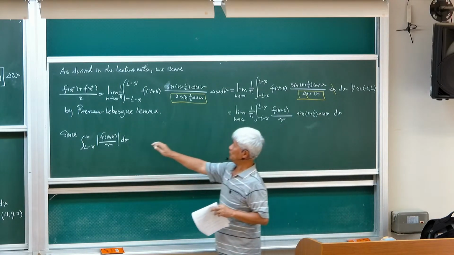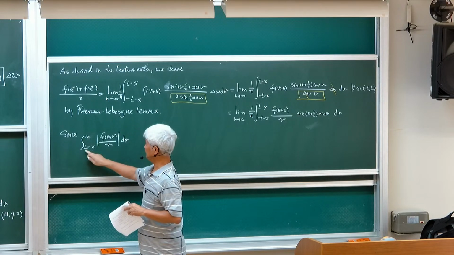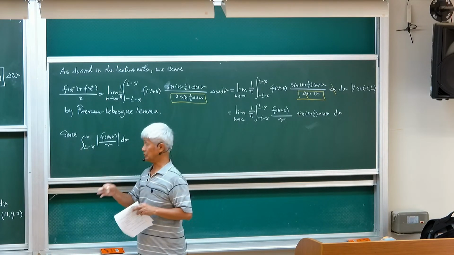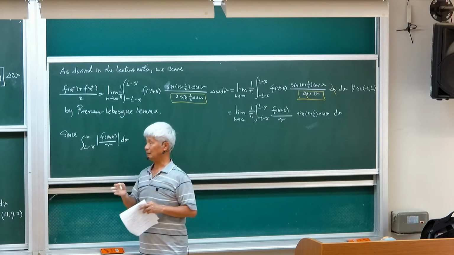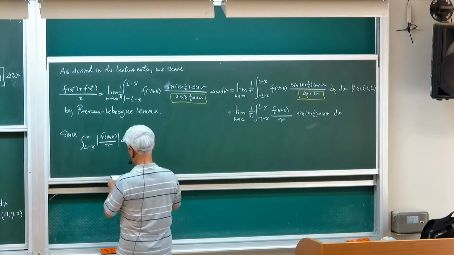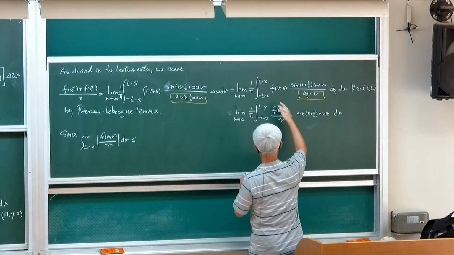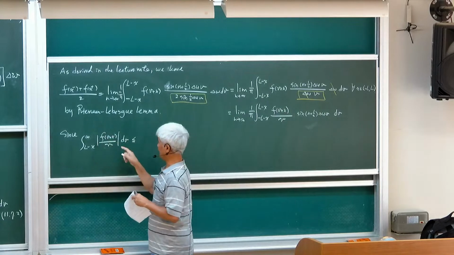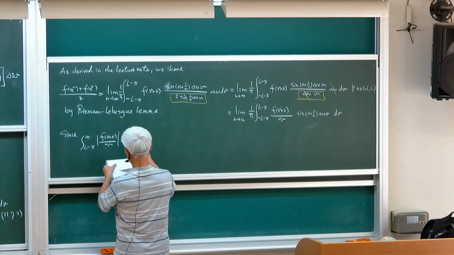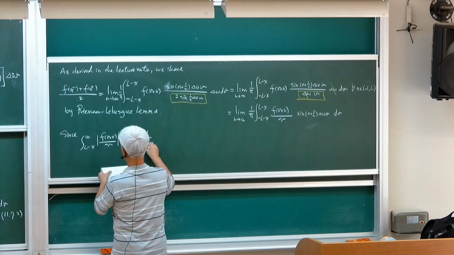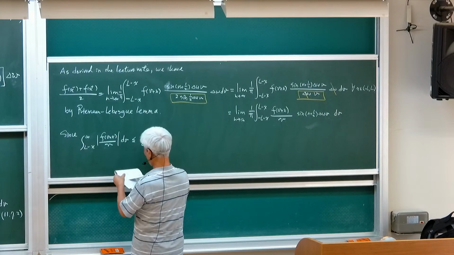But if we evaluate the integral from L minus x to infinity, if L is big enough, so that the lower limit is greater than 0, then for the integral of this ratio, as we know, this is right, because this is the smallest. So we have the upper bound.